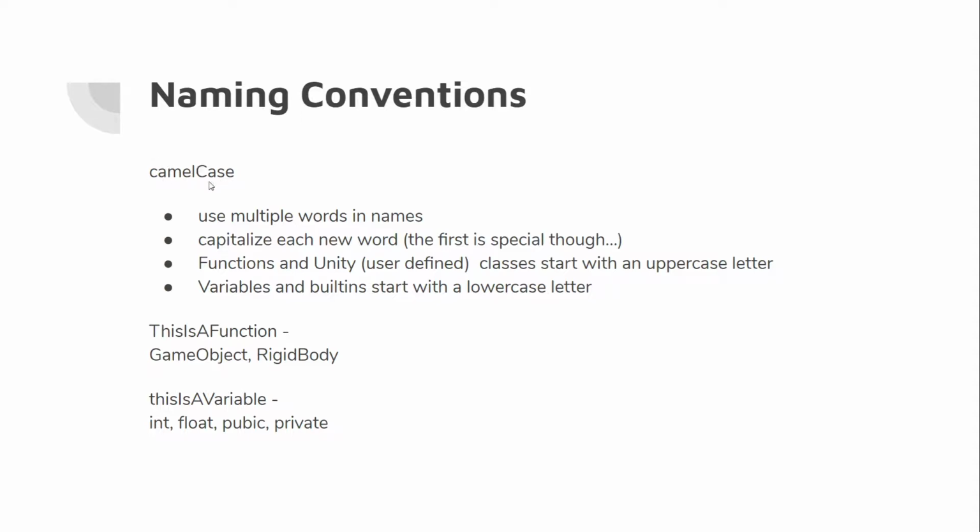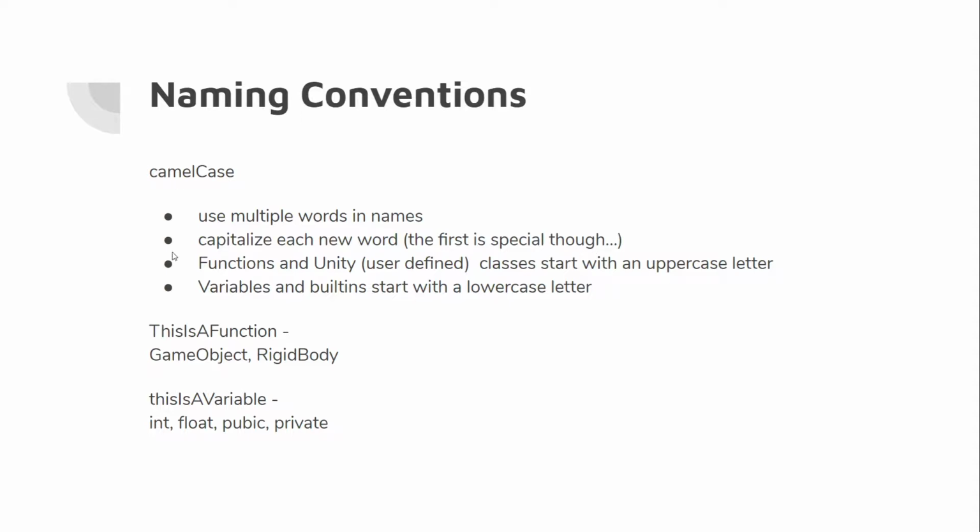There are a couple of different names for it, but it's called camel case because there are sort of these humps in the middle of the words that establish when one word ends and another word begins. Right? So we want to use multiple words in names to make things clear as to what they are. And normally you're going to capitalize each new word in the name. But the first letter, like in this case the C, is special.